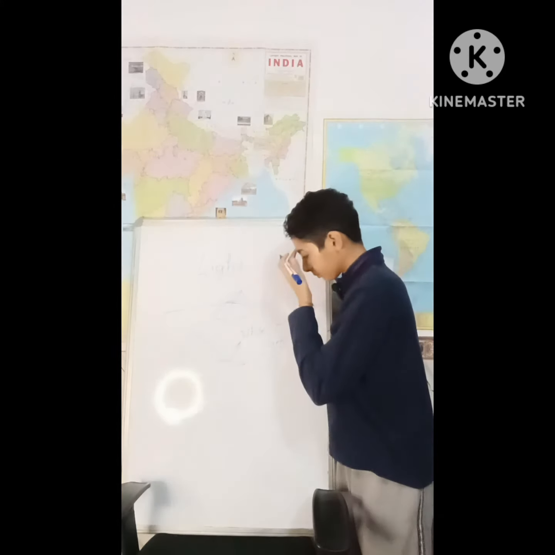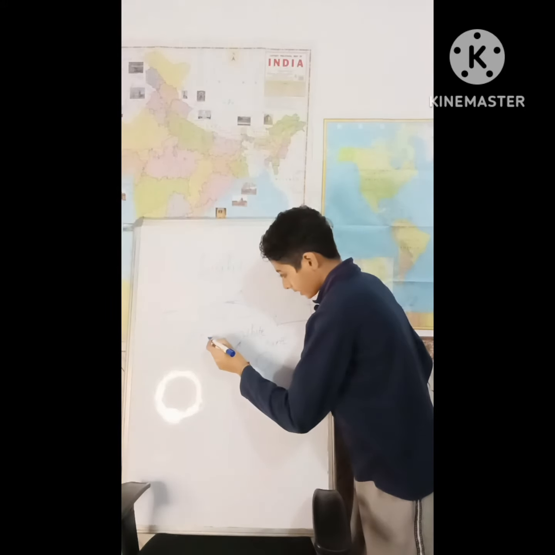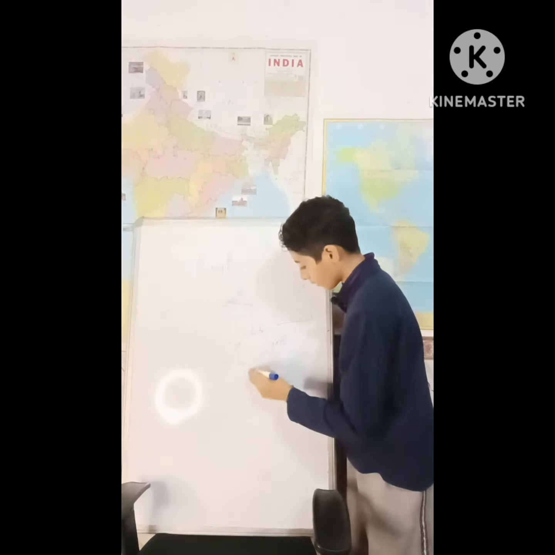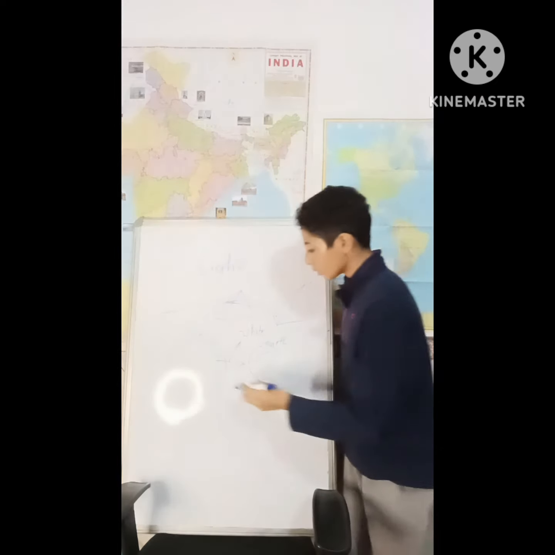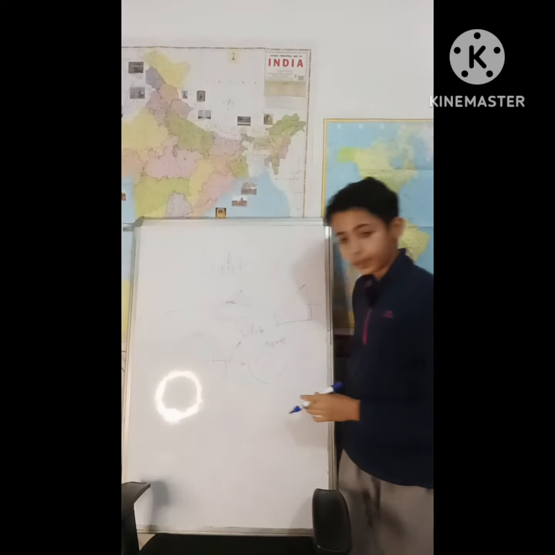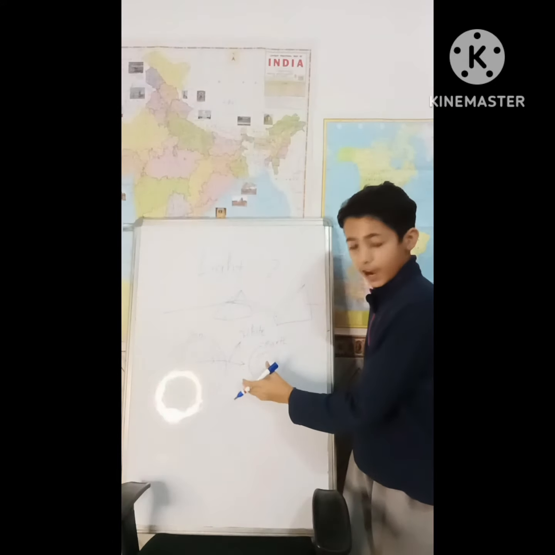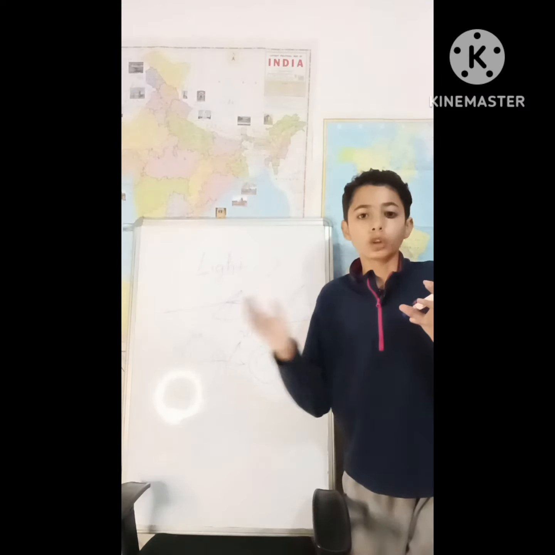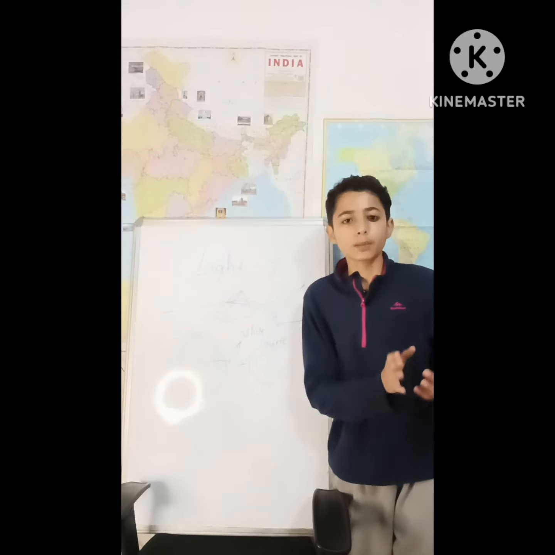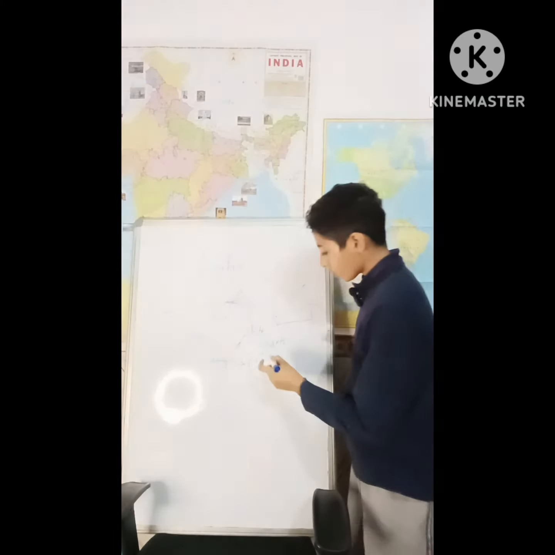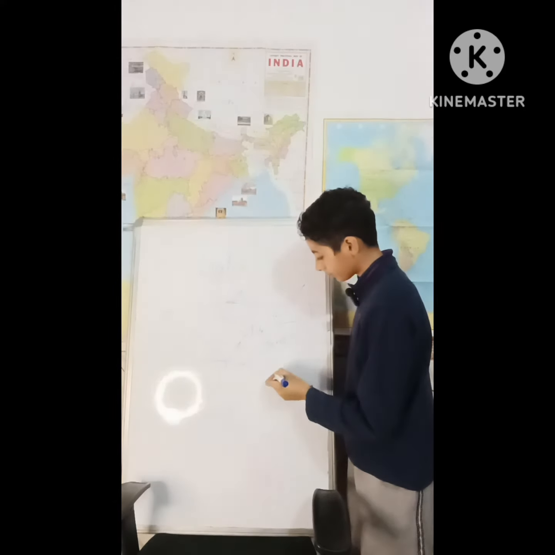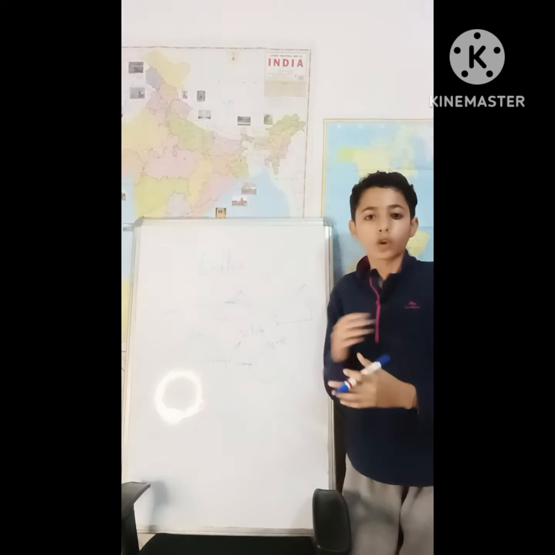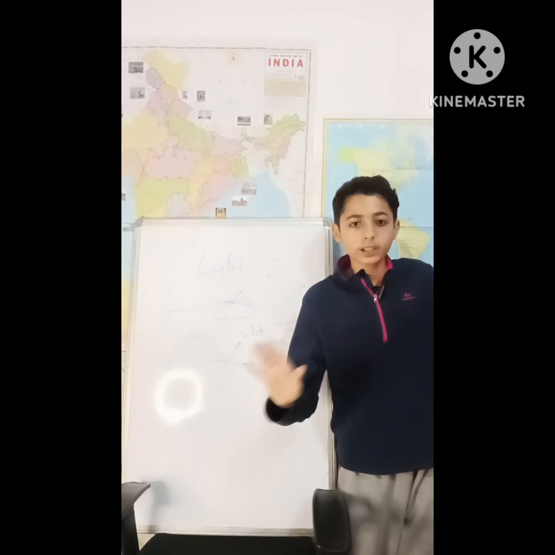Now the sun has an atmosphere, and we also have an atmosphere. When the photon particles come from space and enter our atmosphere, water droplets work the same way as a prism works. In our atmosphere there are water droplets, right? This light interacts with the water droplets and makes the spectrum.